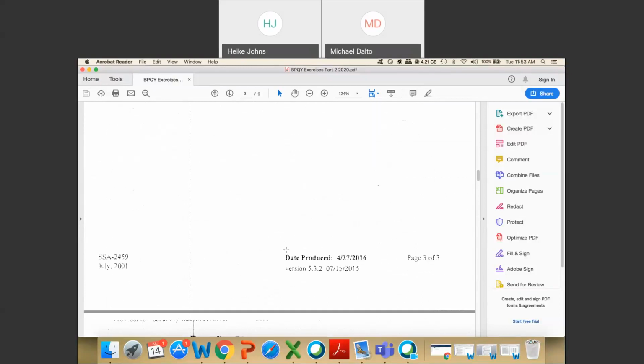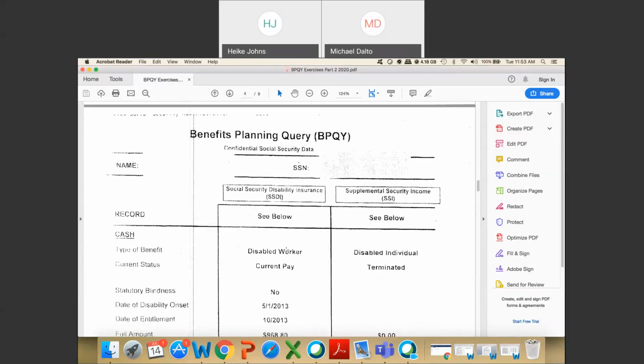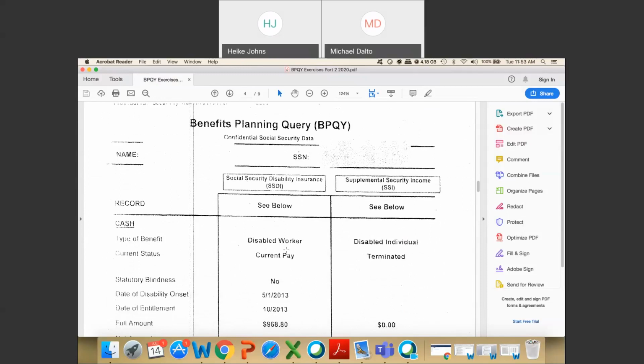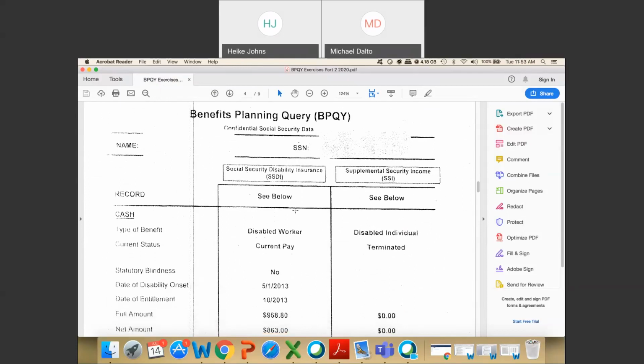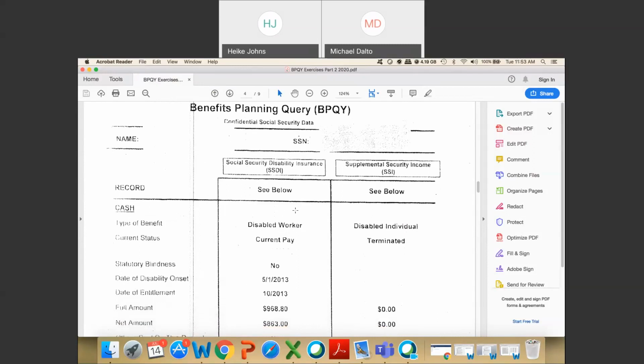So we're going to move on to the second BPQY. And you should have the BPQYs for these exercises in the document called BPQY Exercises Part 2. You're looking now at the second BPQY, which has a disabled worker, person getting SSDI, of $968.80 a month full amount.